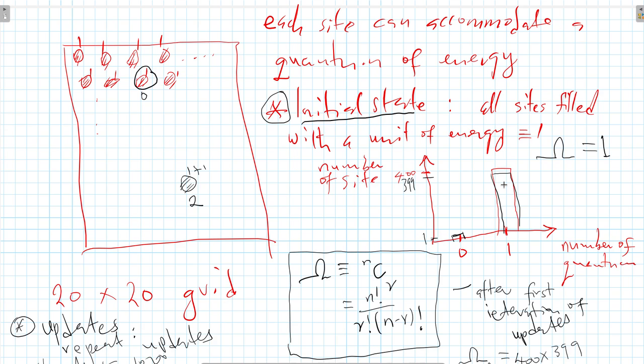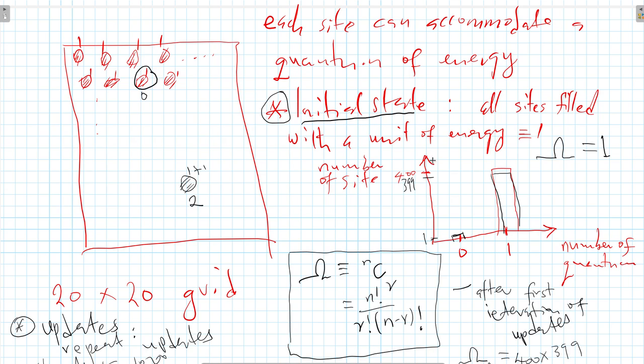So if we choose number of iterations to be large enough, then we're going to have some histogram which is behaving in a falling, decaying, exponential manner.